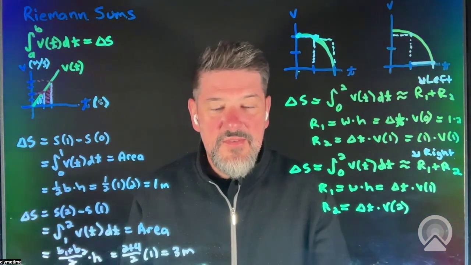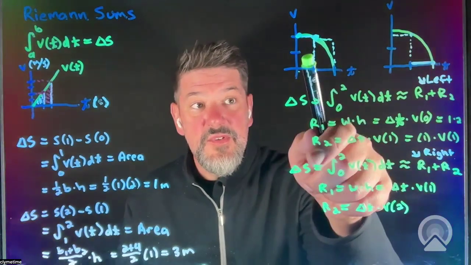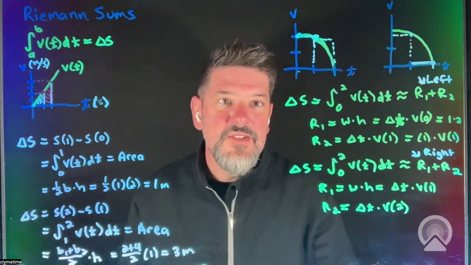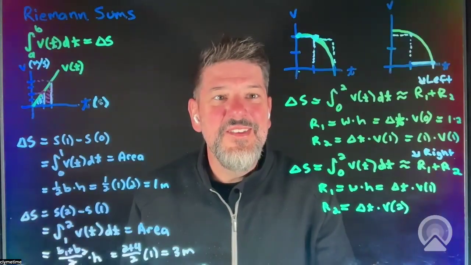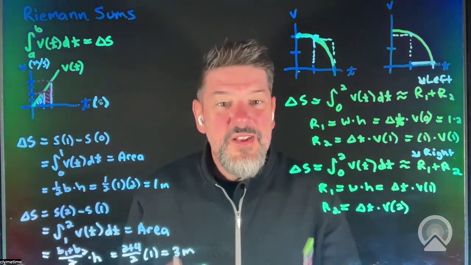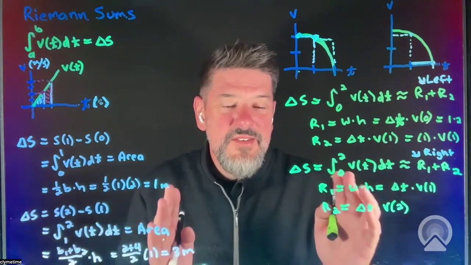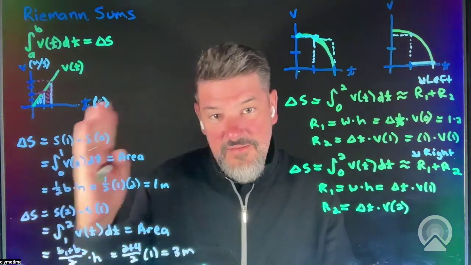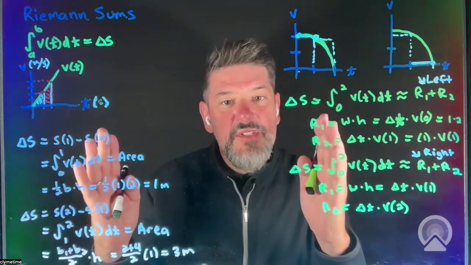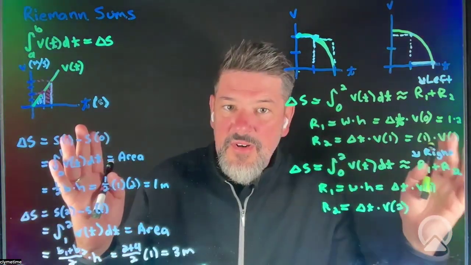The vast majority of your y values are going to be in common between the left and the right. Well, that's not true if you have 2, because in 2, you share 1 value, which is the middle one. But if you had 4 rectangles, you would share 3 values between the left and the right. The left would start on the far left and go all the way up until 1 shy of the far right.